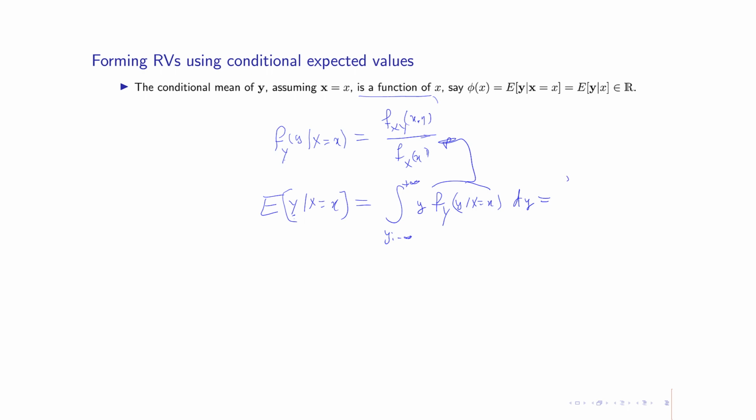So this is the integral of y f_{XY}(x, y) divided by f_X(x), integrated with respect to y from minus infinity to plus infinity. Remember that here y is a dummy variable and it disappears. However, the value of x here and here does not disappear.